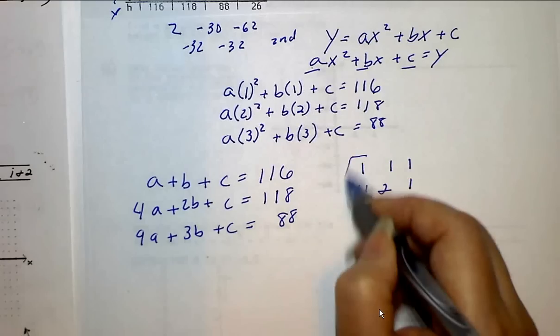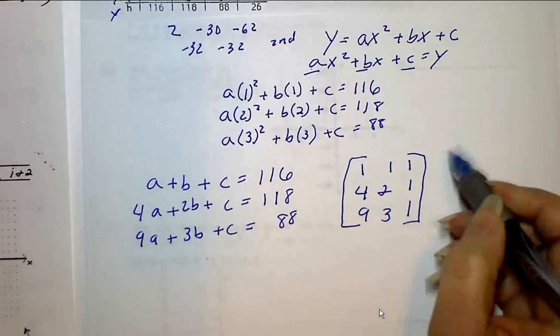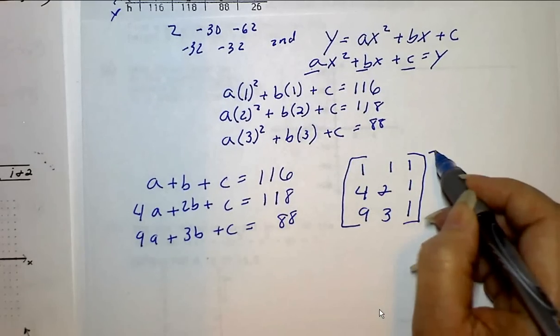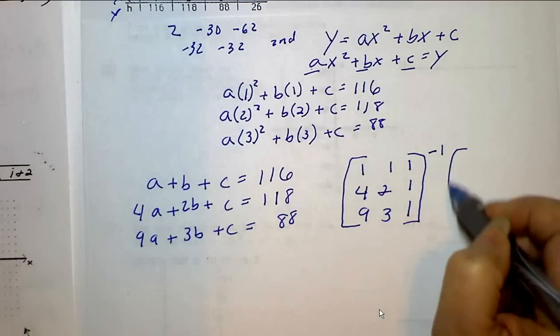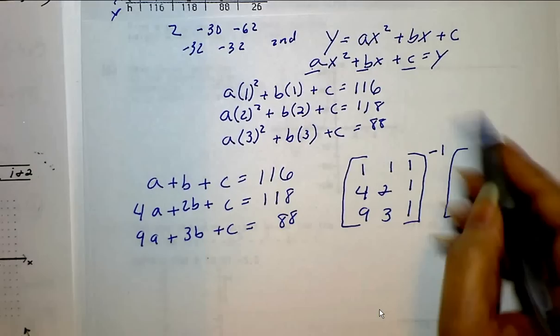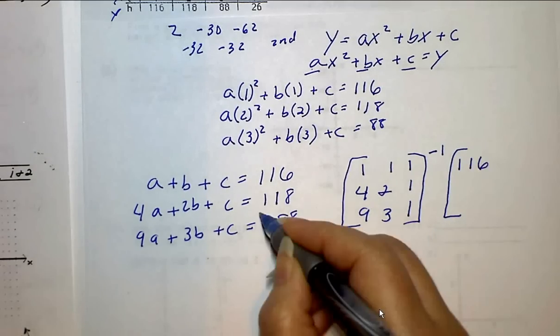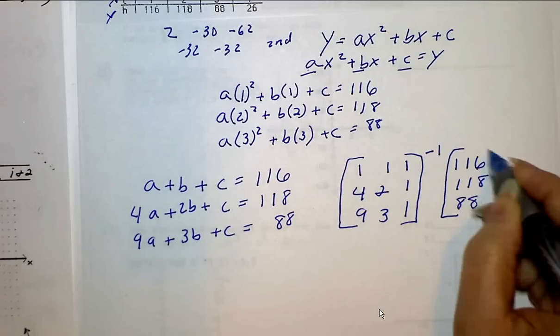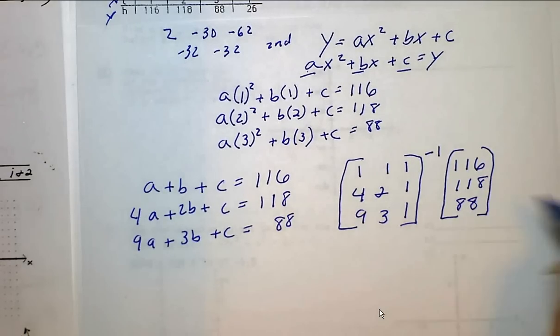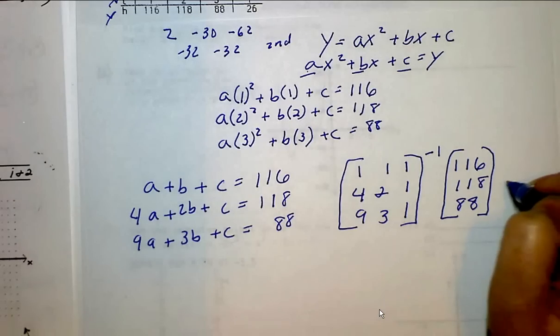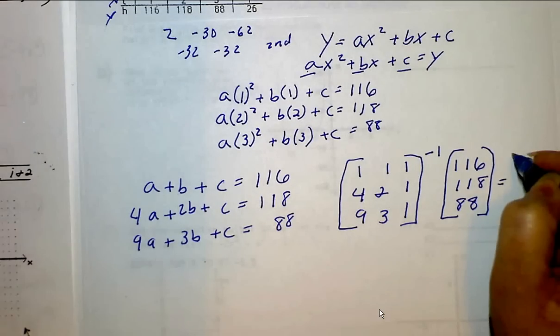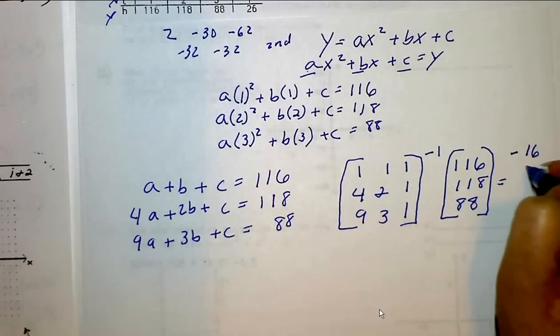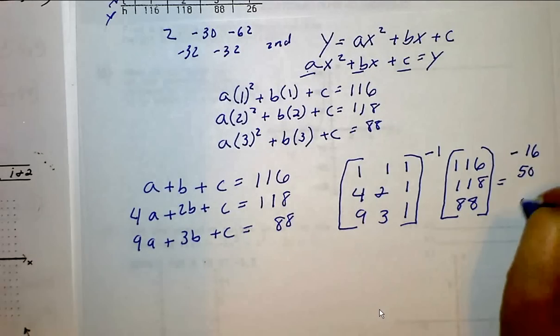And you have to do the inverse, and you multiply that by 116, 118, 88. So you throw that in your calculator, and what do you get? Negative 16, 50, 82.